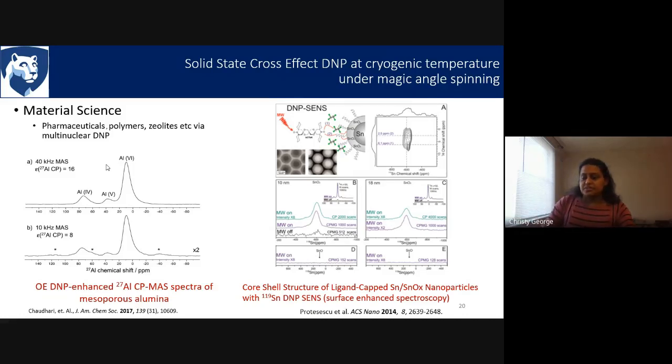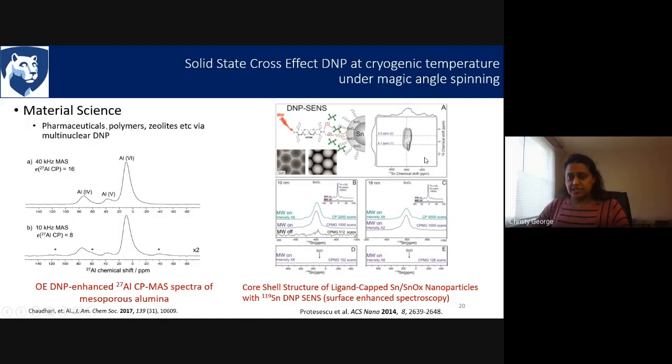Often it is difficult to detect those species using NMR, because the species is only on the surface, so the concentration is not good enough to detect by standard NMR spectroscopy. But with the sensitivity enhancement available with DNP, people were able to detect such things. That kind of DNP NMR experiment is known as DNP SENS, DNP surface enhanced spectroscopy.